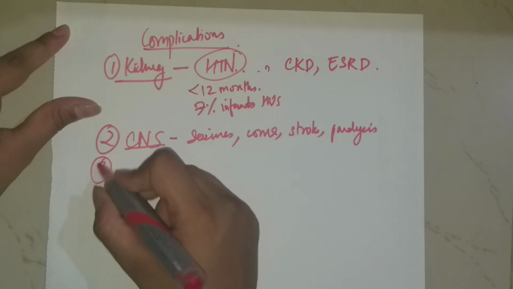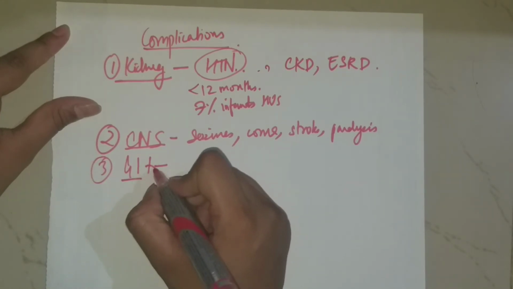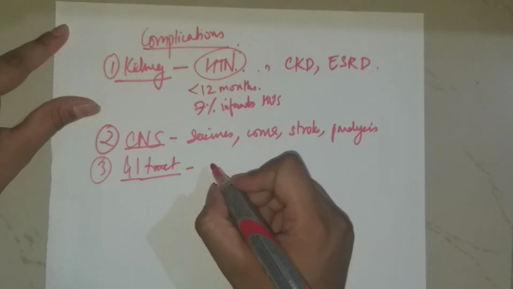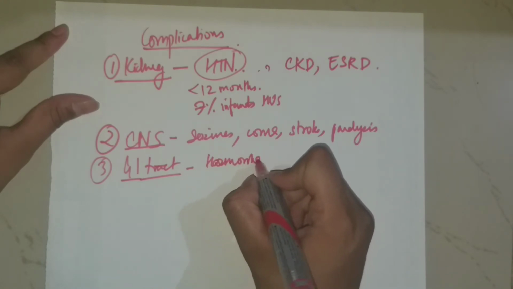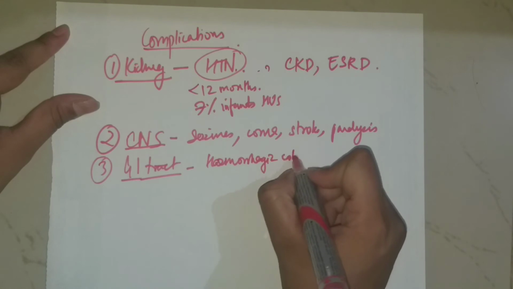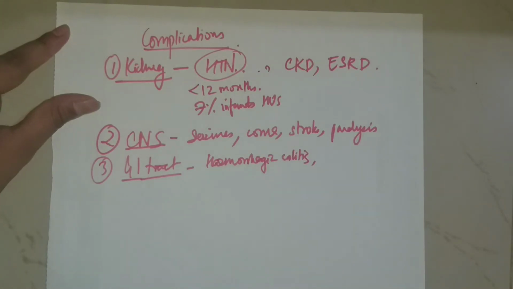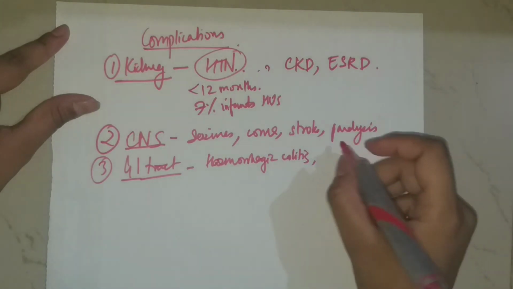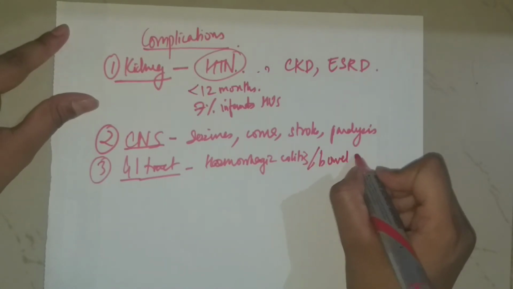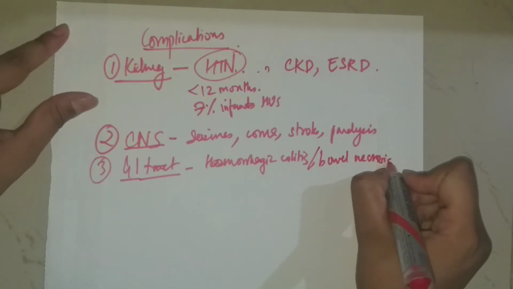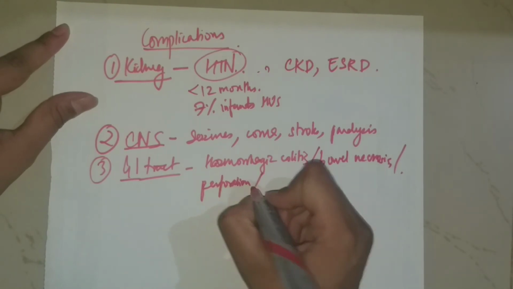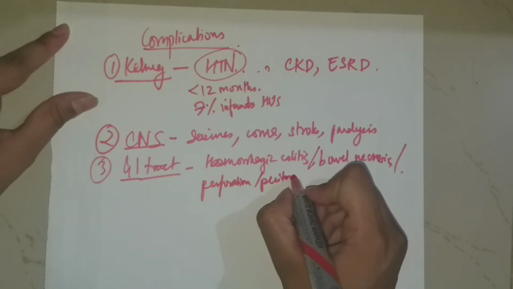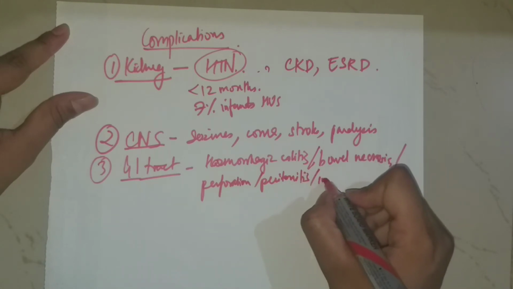Also, then in the GI tract, there can be hemorrhagic colitis, mostly happening in those cases of E. coli infection which cause HUS. Bowel necrosis, perforation, peritonitis can happen. Intussusception can also happen as a complication.